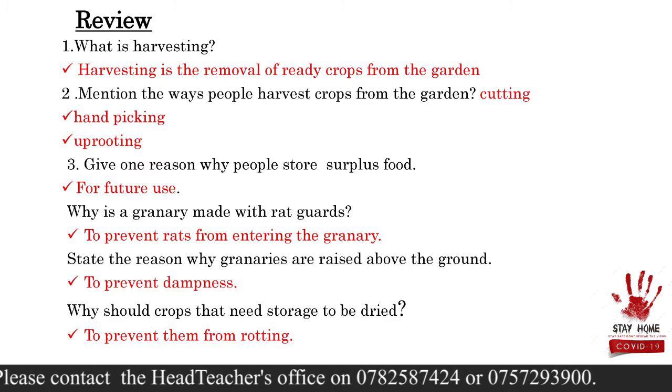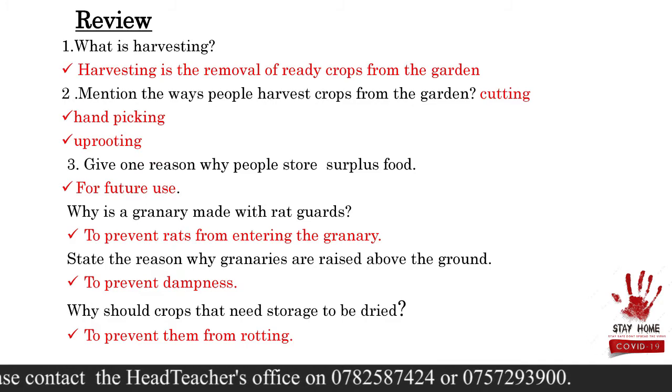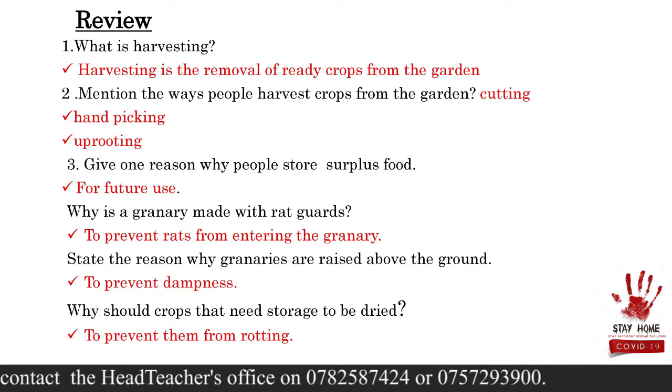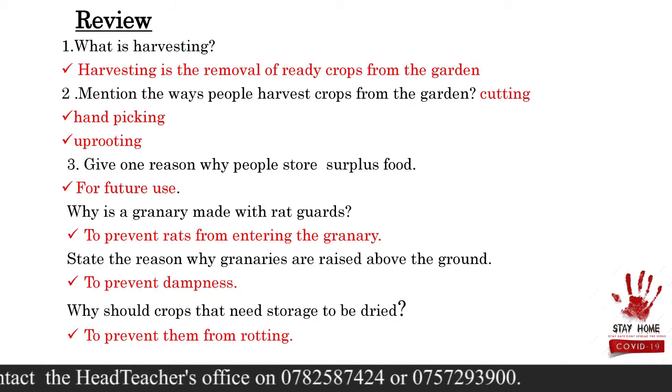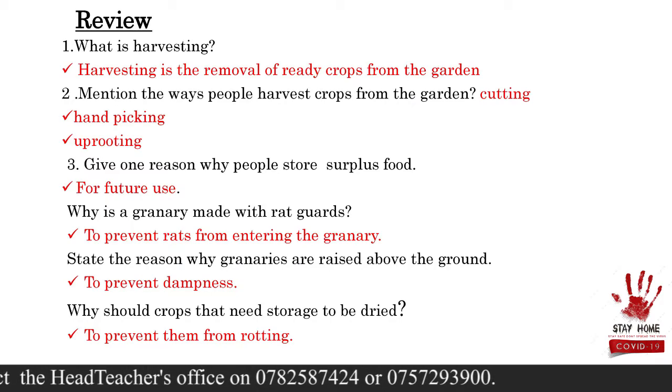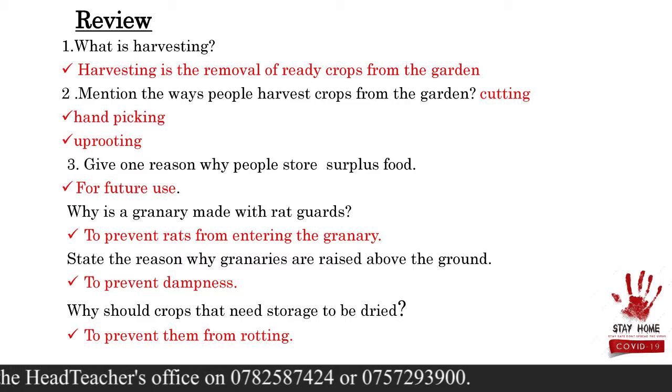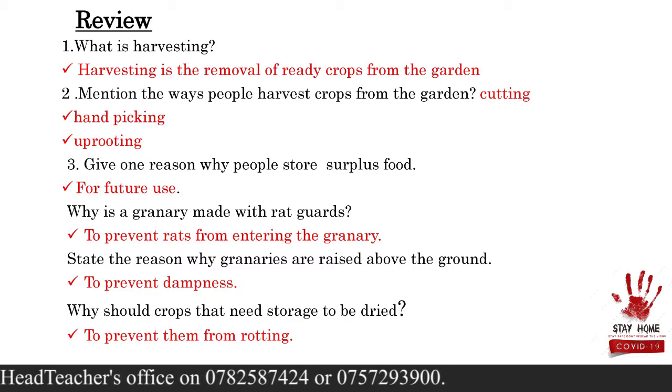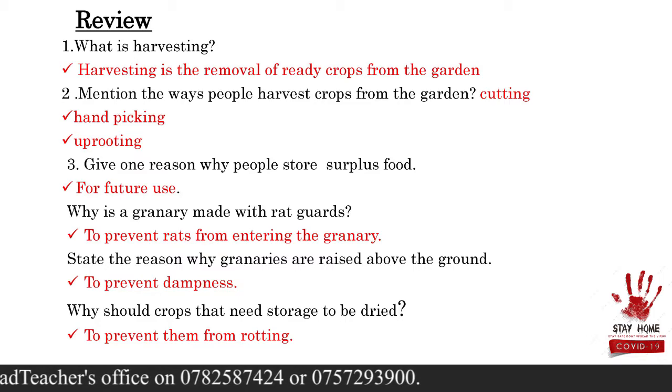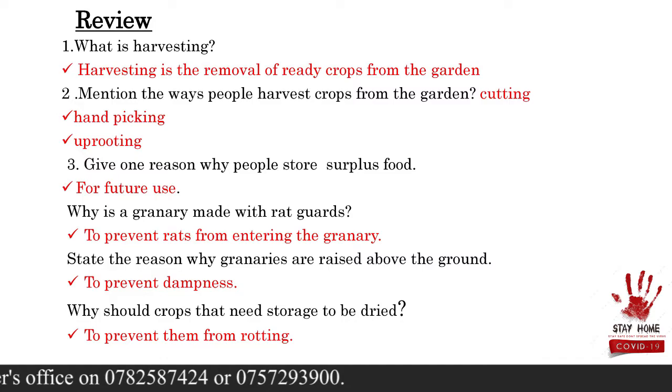You know, when it rains and flowing water enters the granary, some seeds are going to germinate, others are going to rot, others will be eaten by crawling animals. So, some animals that crawl, insects and whatever. So they will destroy them. Therefore, you need to raise a granary the way we discussed last time.